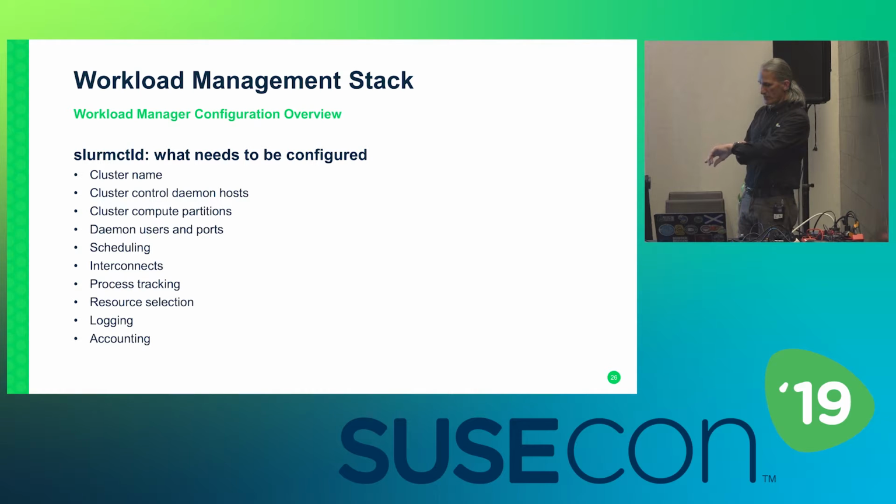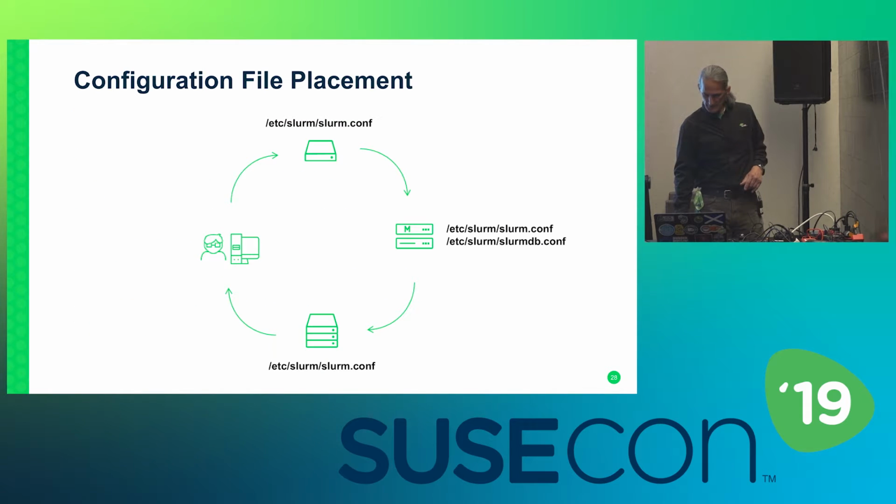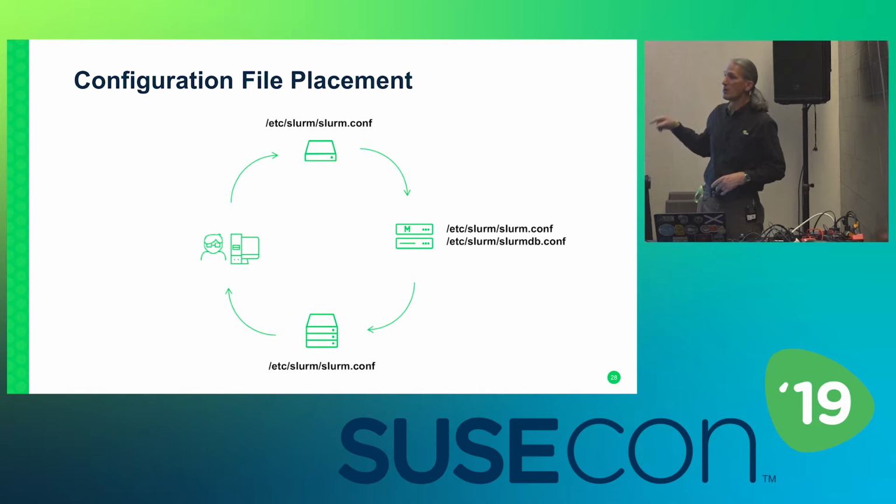We're going to move through this pretty quickly because I want to go ahead and show you the cluster. Your configuration file placement, as I mentioned, pretty much a copy of the slurm.conf goes everywhere there's a Slurm component running. And in the case of the login node, even where it's not running, because some of the user utilities will need to reference it in order to connect to things in the cluster.